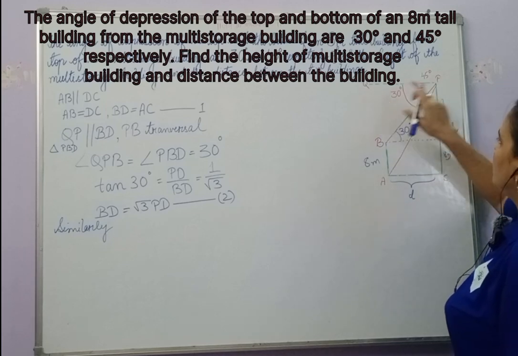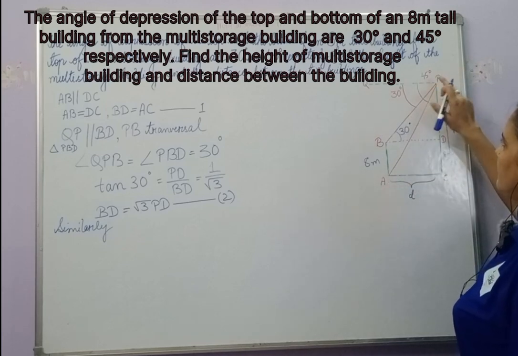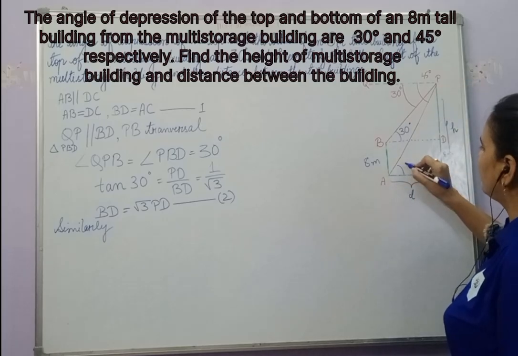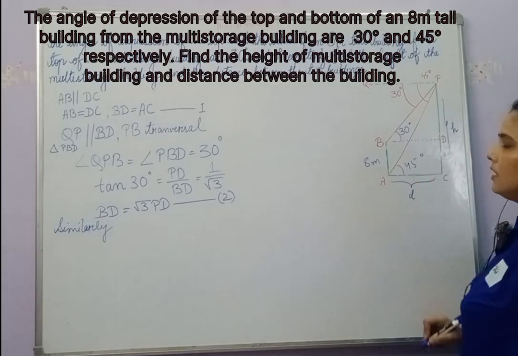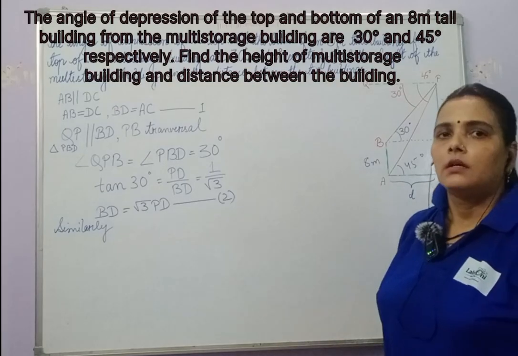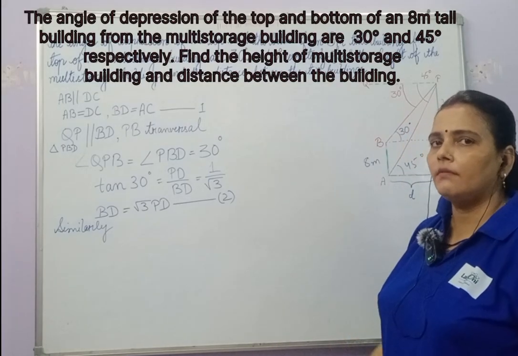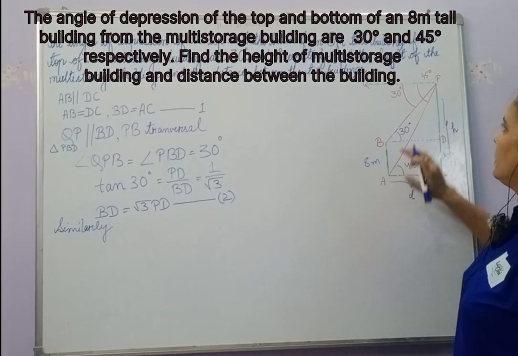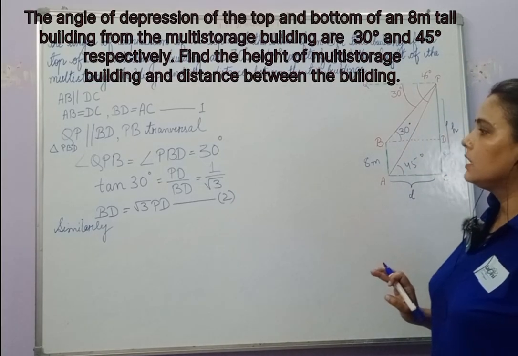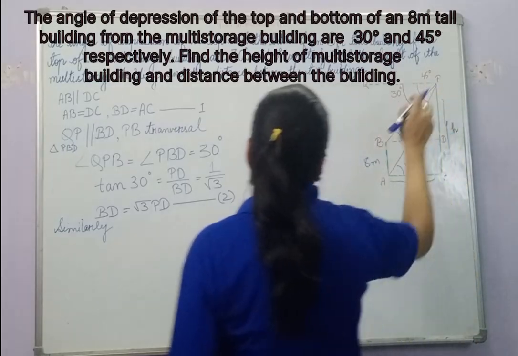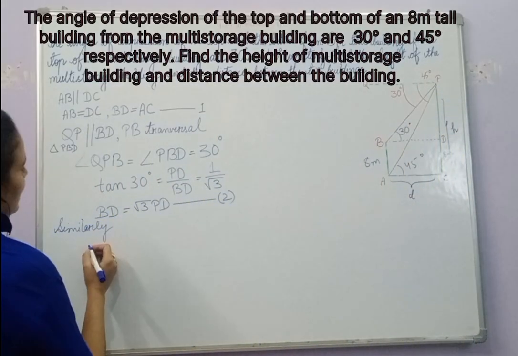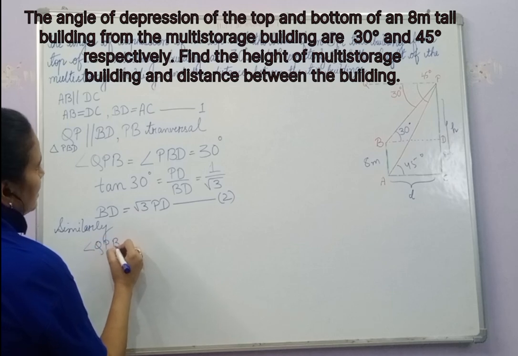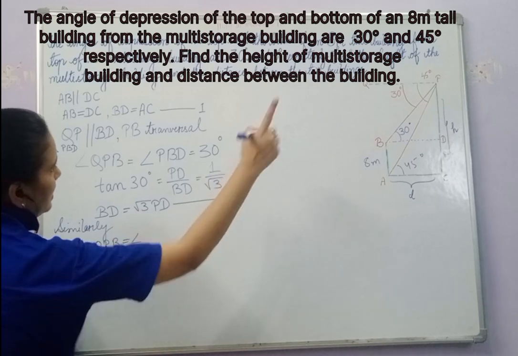So angle QPA, which is 45 degree, will be equal to angle PAC, 45 degree. Whenever a transversal passes through parallel lines, the alternate angles are equal.